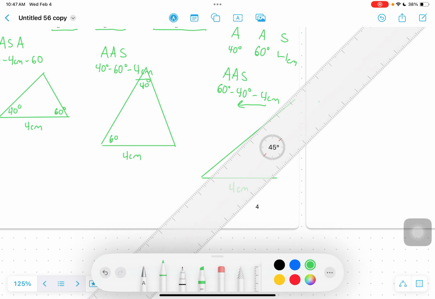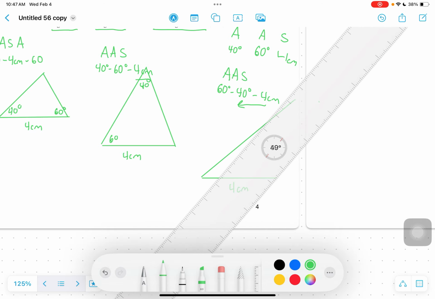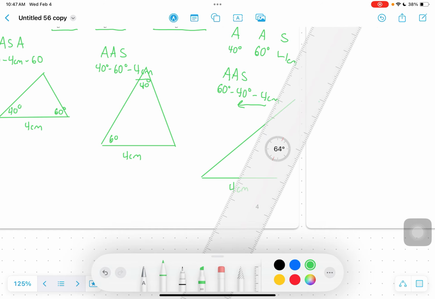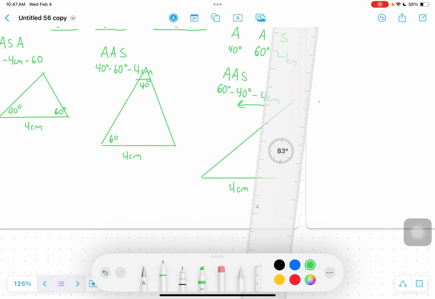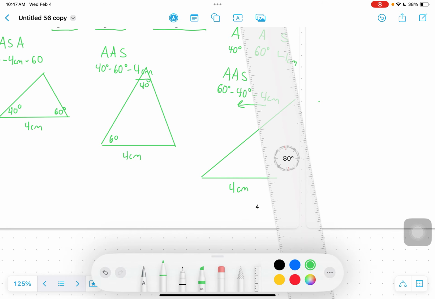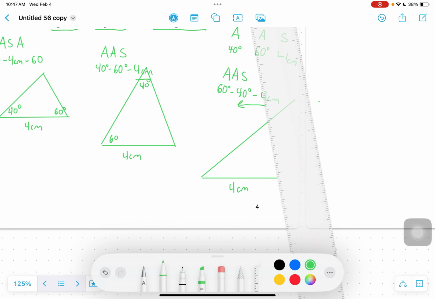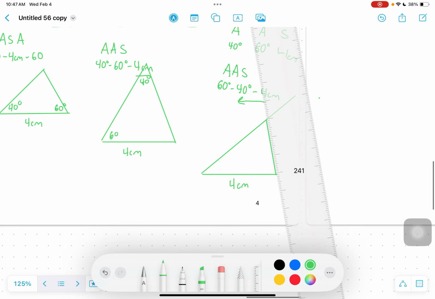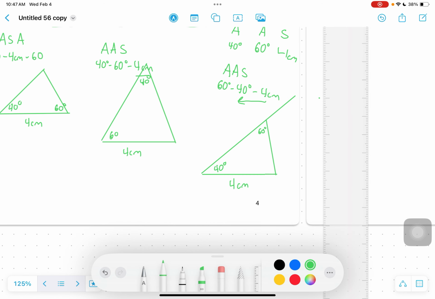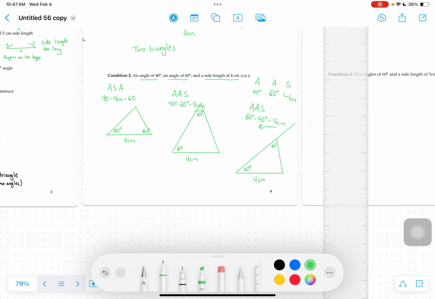And if we're going to do 60 degrees, it's going to be 10, 20, 30, 40, 50, and 60. So this should be 60 degrees from where I left off. This is 40 degrees. This is 60 degrees. And there it is. Those are all of the 3 possible triangles in that situation.